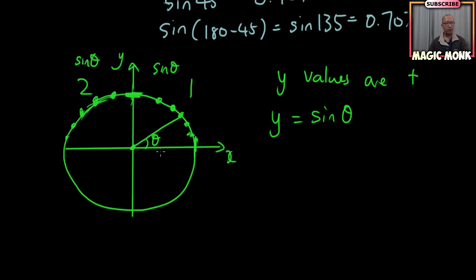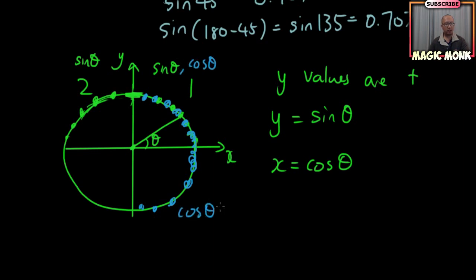Okay, now let's write what else is positive. So x is equal to cosine theta. If you have a look at the x coordinates of all the points along this side of the unit circle, they are positive. So over here cosine is positive. And now let's look at tangent theta.